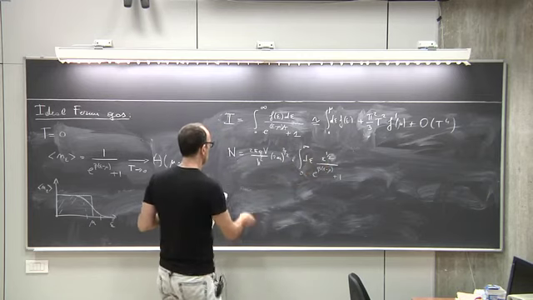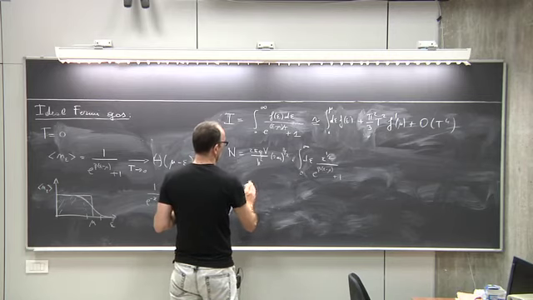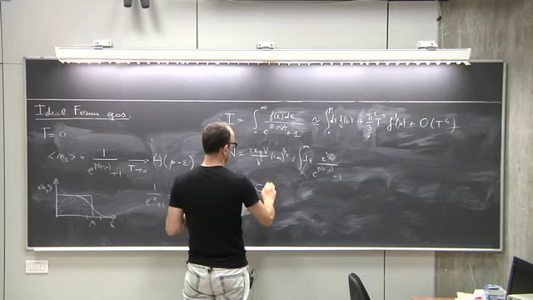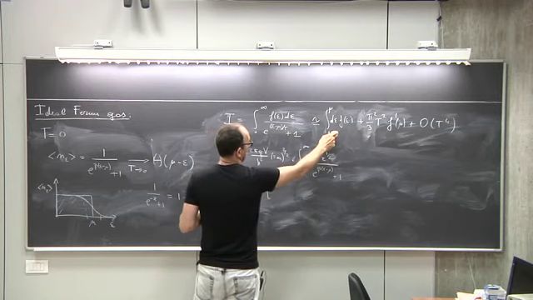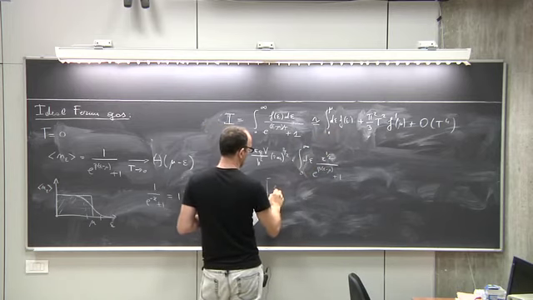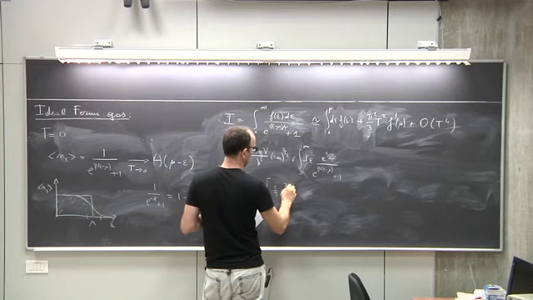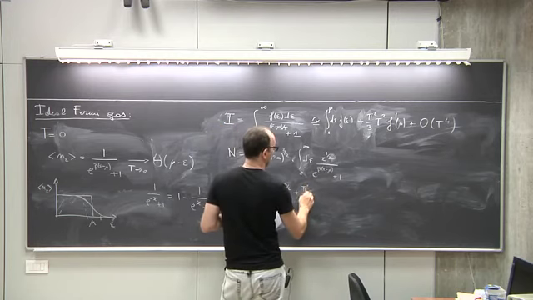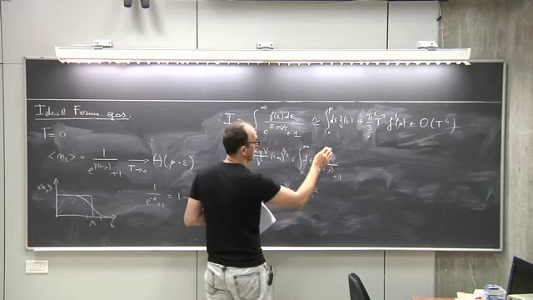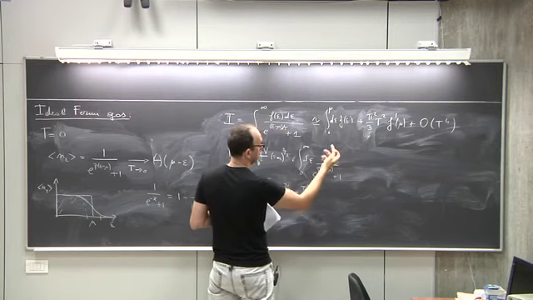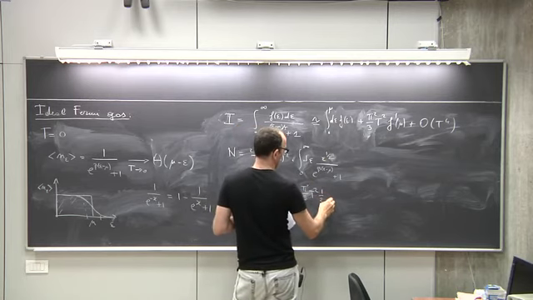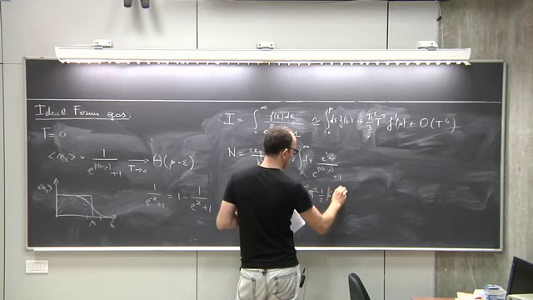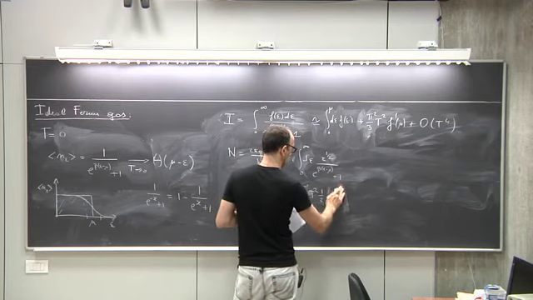So you will have precisely the same constant here, let me call it C, times this integral up to mu, which is 2/3 of mu to the 3/2, plus pi squared over 3 times t squared, and the first derivative is just 1/2 of 1 over mu to the 1/2.